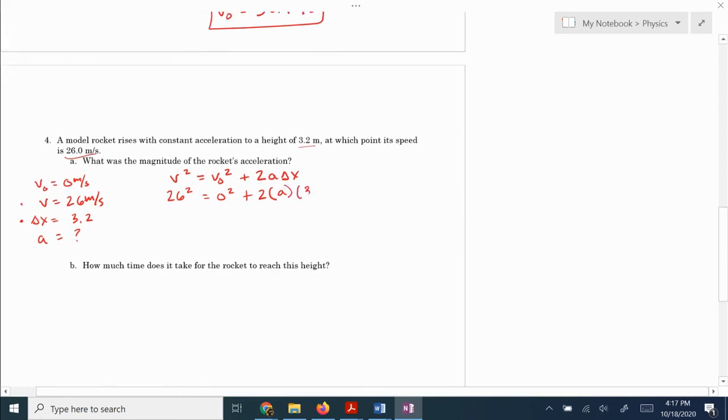Leave the a in there, 3.2. 26 squared is going to give you 676. 0 squared is obviously 0. And 2 times 3.2 is going to give you 6.4a. Then divide by 6.4, and you're going to get that a is equal to 105.6.